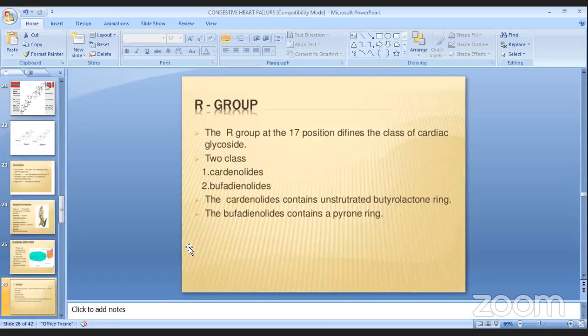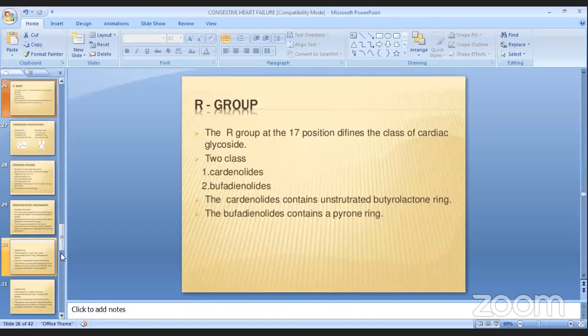Now, R group at the 17th position: cardenolides and bufadienolides I have discussed. One is butenolide, the five-membered lactone, which is called cardenolide, and when it is a six-membered pyrone ring, it is bufadienolide. Bufadienolide is basically one pyrone ring in the 17 alpha beta position, and this is the basic difference between them from the chemical structure point of view.